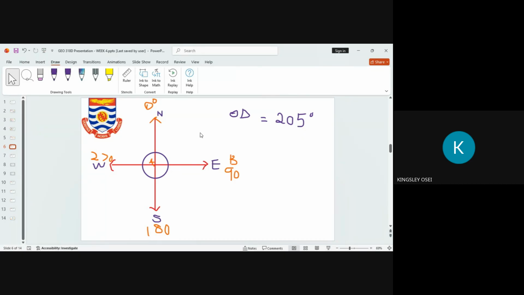By whole circle definition, what it means is that from the north, I have to turn clockwise. When I turn clockwise, this is 90. It's more than 90. I go 180. It's more than 180. By how much? But definitely, it's not up to 270. So by how much out of the 180? You subtract 180 from this, you get 25. So what it means is I will enter a bit and then stop.